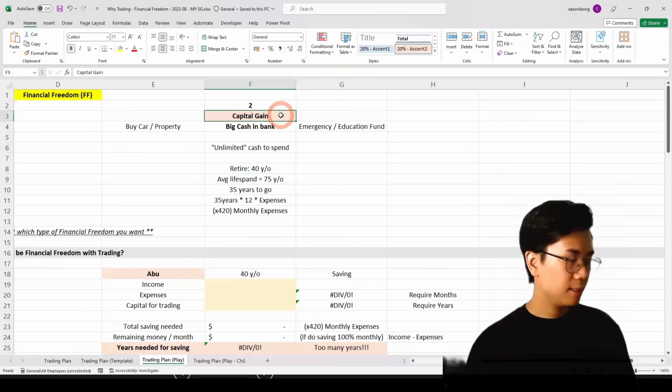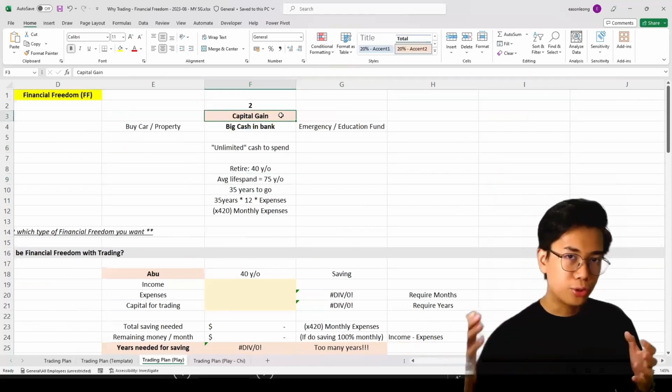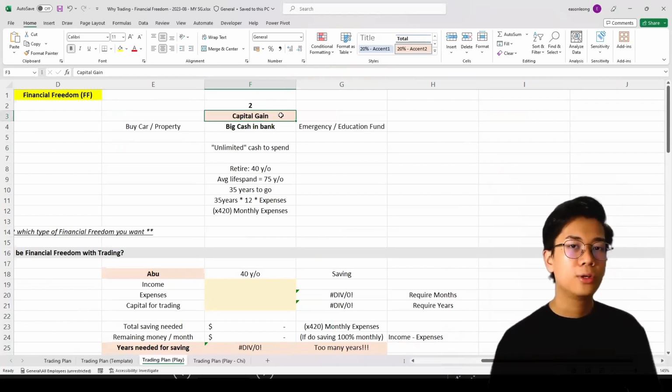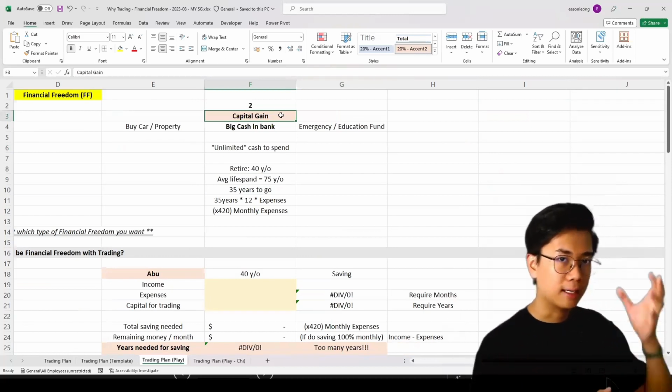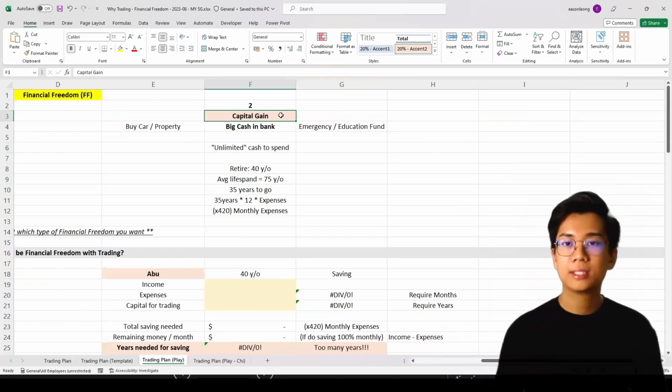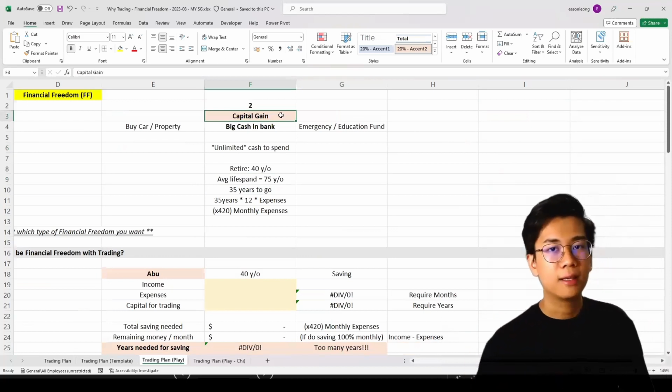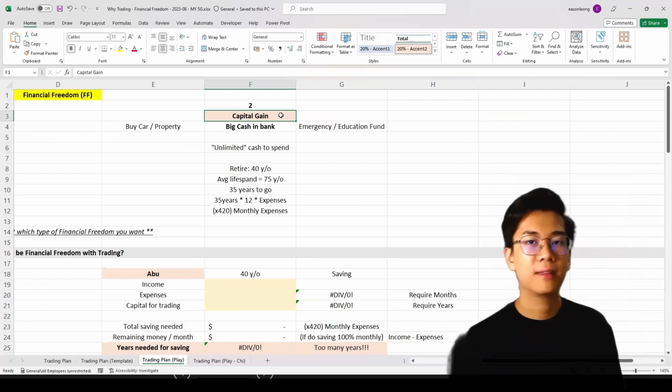Capital gain is whereby you want to trade until you have a huge lump sum of money in your bank account. You can use it either to buy a car, property, a house, or use it as your children's education fund, or as any emergency fund.